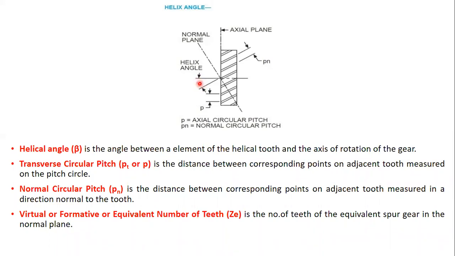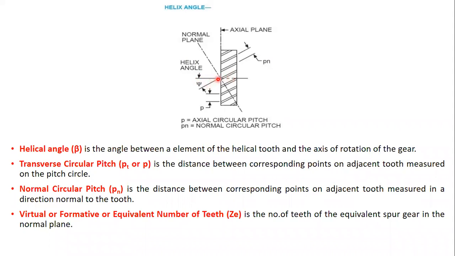Here it is psi, but for the data book, we will take it as beta, the helical angle or helix angle. This helical angle is nothing but the angle between the element of the helical tooth and the axis of rotation of the gear or the shaft.